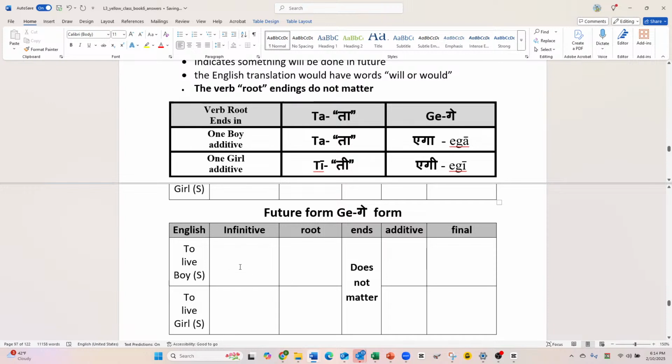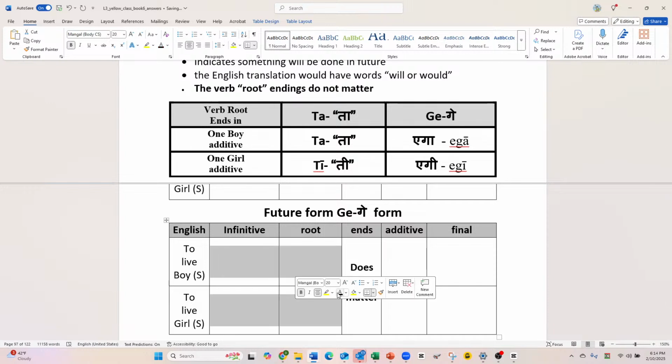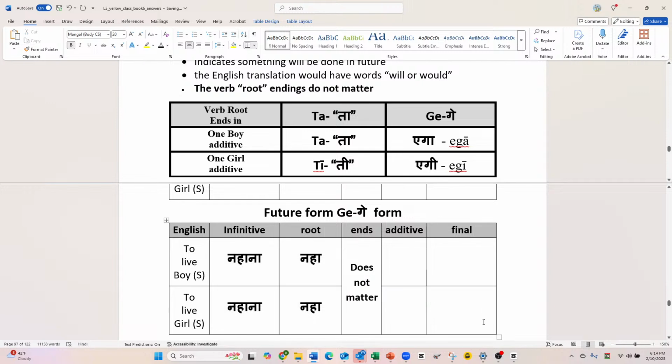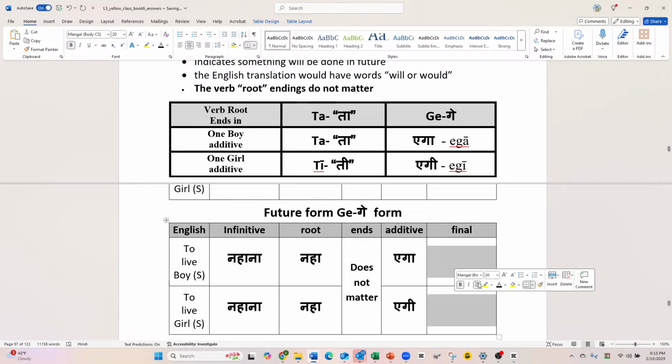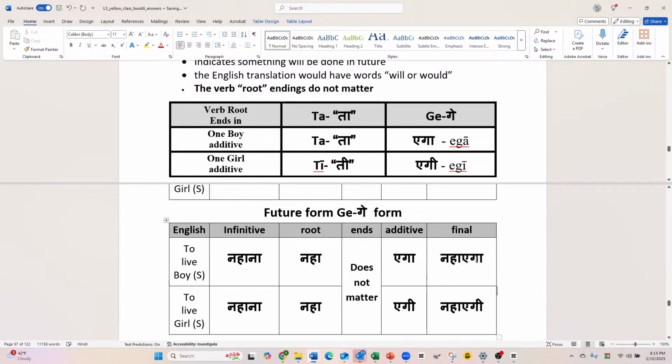Last, future tense, same roots. Now, what are the additives, Ishan? Ega or egi. Okay, and the final verb would be nahaiga, nahaigi. Again, nahaiga could be spelled in two different ways.